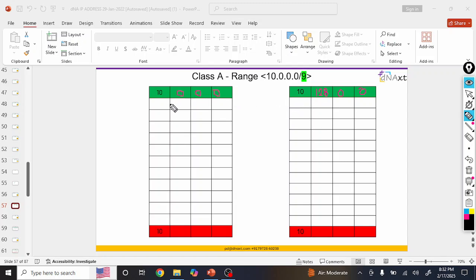Okay, now let's write down the broadcast ID first. As we have discussed in the previous videos as well, the broadcast ID is the ID where all host bits are set to 1.